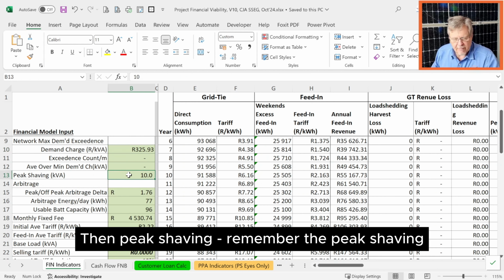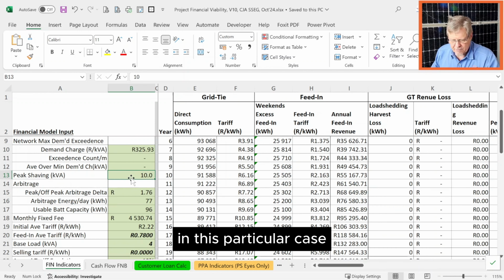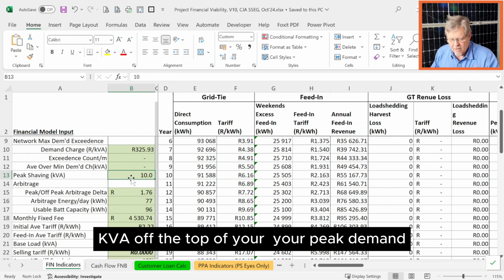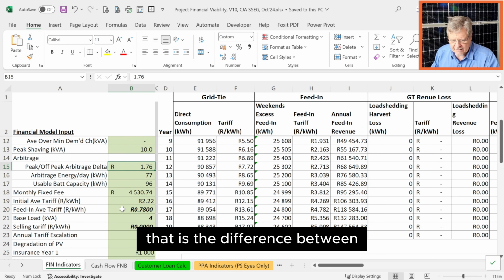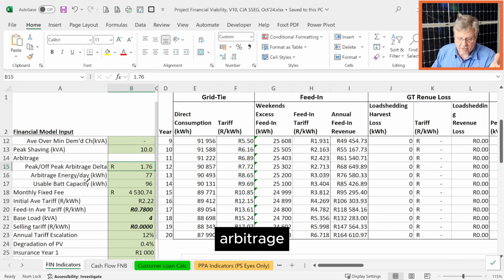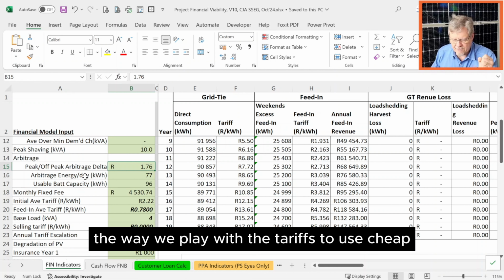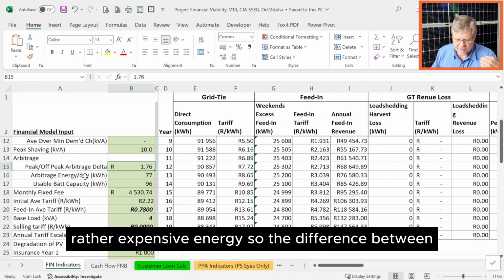Then peak shaving, remember the peak shaving. In this particular case, we can cut 10 kVA off the top of your peak demand. So we can shave 10 kVA off. Then arbitrage. Remember arbitrage, the way we play with the tariffs to use cheap rather than expensive energy.